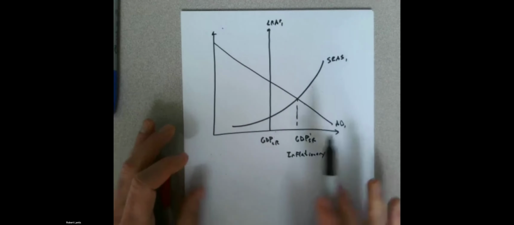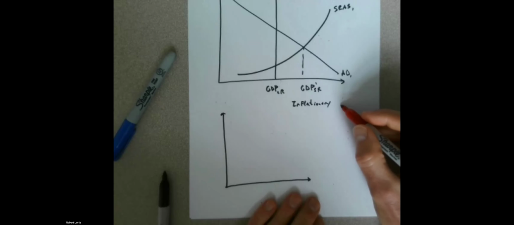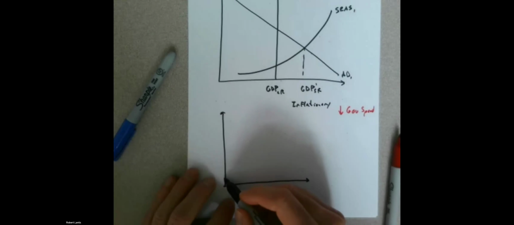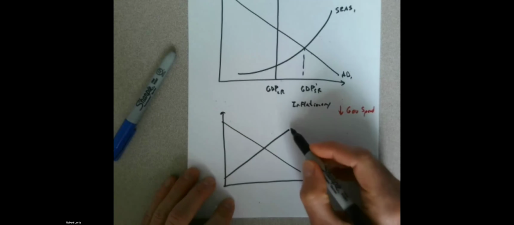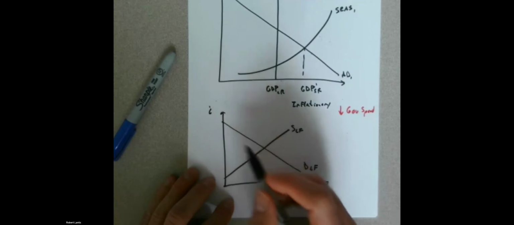So what do I want to do? I actually want to cause GDP to go down. Now, how can I do that? We said one way that I could do that is by decreasing government spending. If I decrease government spending, what happens in the loanable funds market?